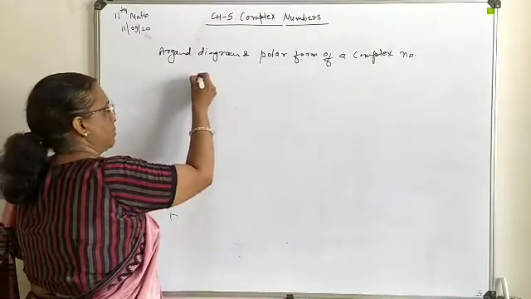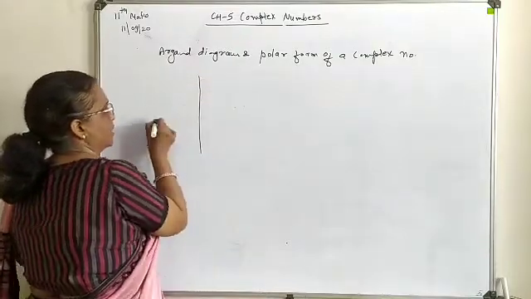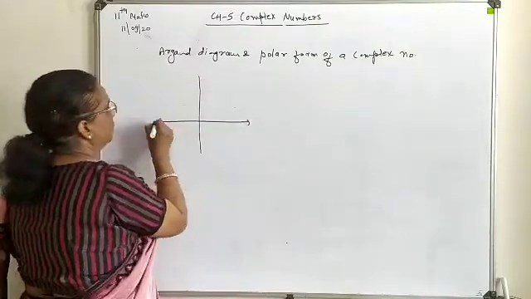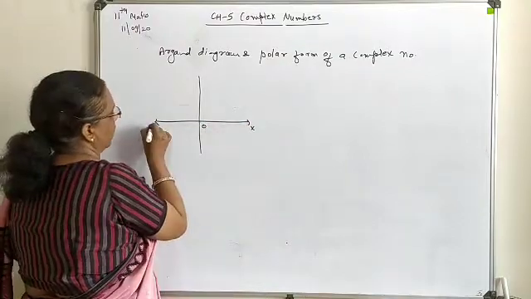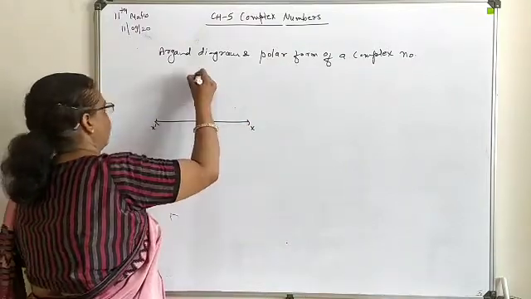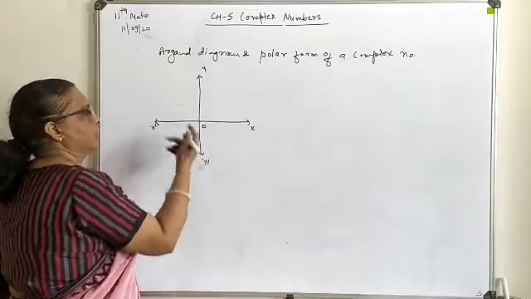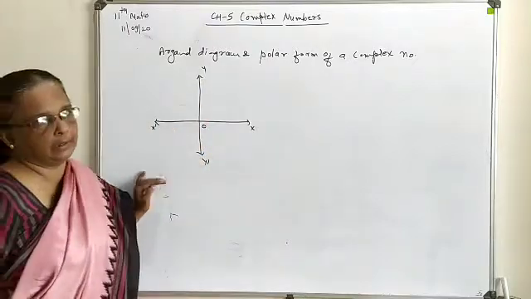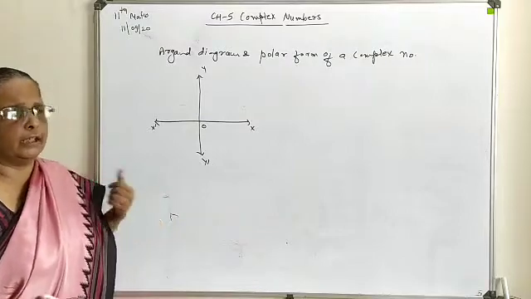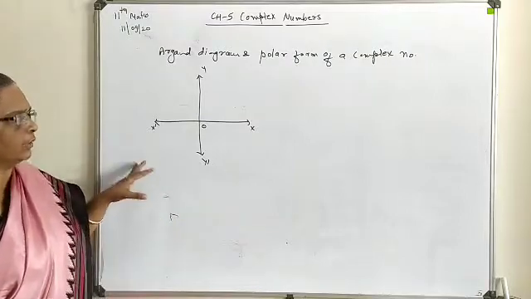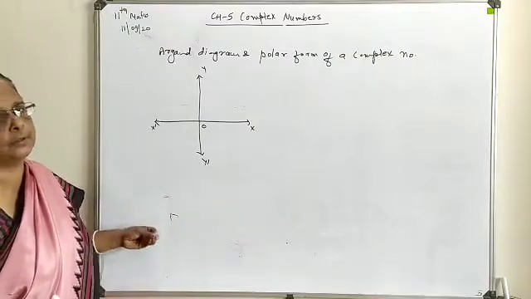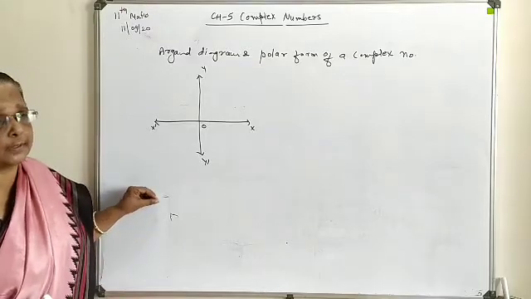Now in order to understand what the Argand diagram is, as in a normal case, any of the point we represent on a graph as per the quadrant position. First, second, third, fourth, that everybody knows in detail. So as any of the point you are going to represent or locate, that particular point in a graphical presentation.